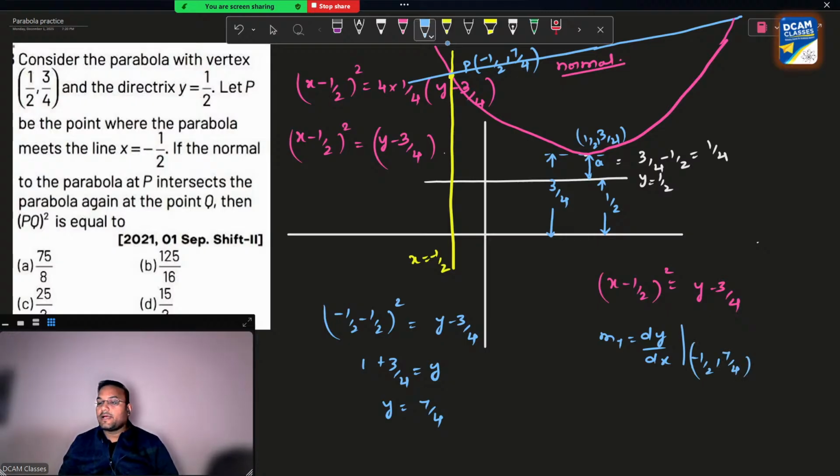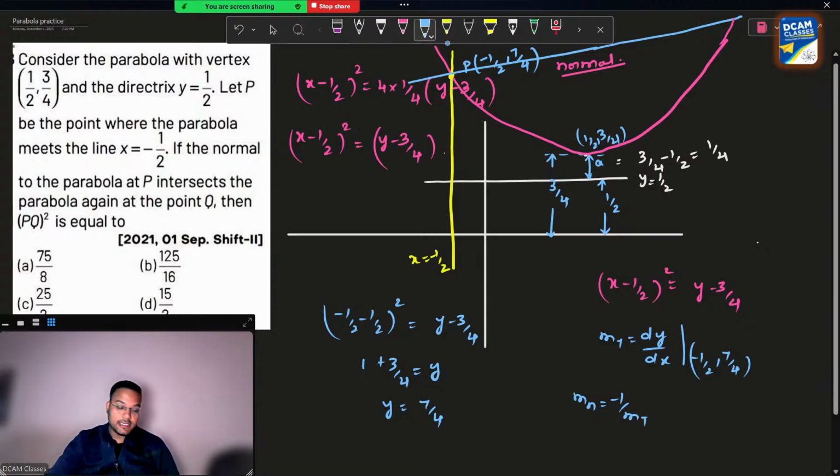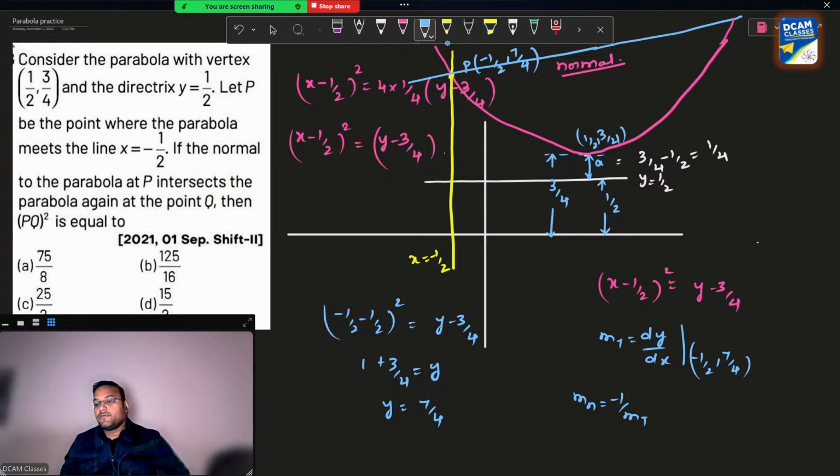So I'll find out the tangent slope and then the normal slope, which is minus 1 over the slope of the tangent. These all things I have told you in the previous classes, and I think because I was absent for 7 days, you have forgotten everything. Otherwise, it was not difficult.